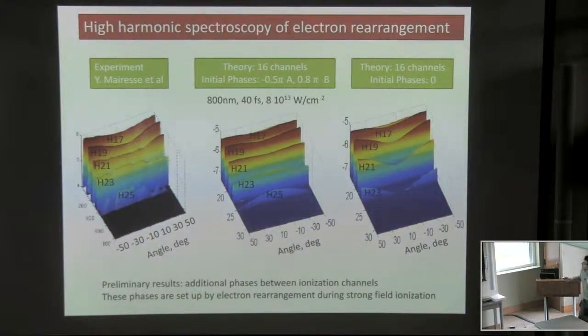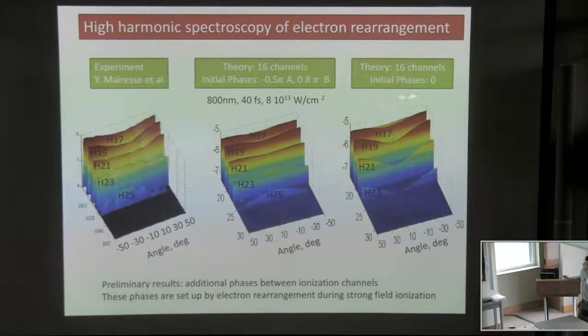What we see when we do some quite involved calculation is that we need to put in by hand some ionization phases to match the experiment.